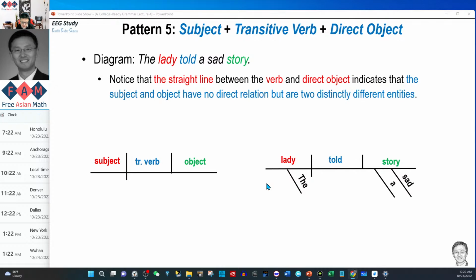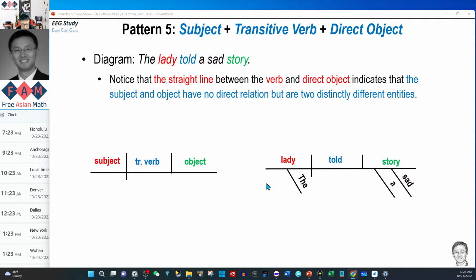Okay, so notice that in the diagram here, the straight line between the verb and the direct object indicates that the subject and object have no direct relation. Okay, subject and object. Just by that kind of spelling, you can see that somehow this is probably from Latin.